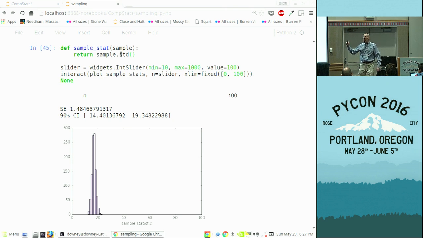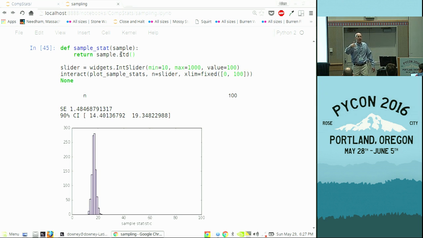And the standard error is about 1.5. So I could report this, and I could say, I think that the standard deviation of weight in this population is about 17, plus or minus 1.5. Or I could give you that confidence interval. Or I could show you the whole distribution.